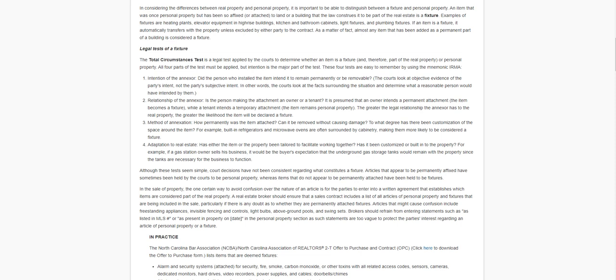But if it doesn't state that, fixtures are going to be considered permanently attached items. Usually items installed by the tenant are the temporary ones, so those are going to fail the total circumstances test.